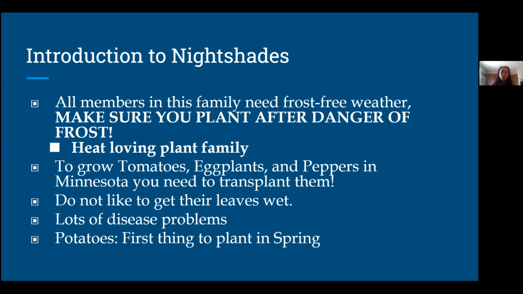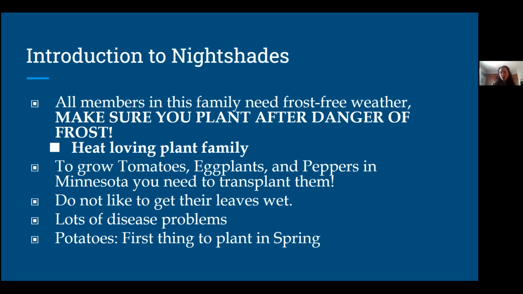To grow tomatoes, eggplants, and peppers in Minnesota, you will need to transplant them. Start them in the greenhouse and then transplant them usually in the first week of June. They do not like to get their leaves wet at all. This will spread disease more if their leaves do get wet.